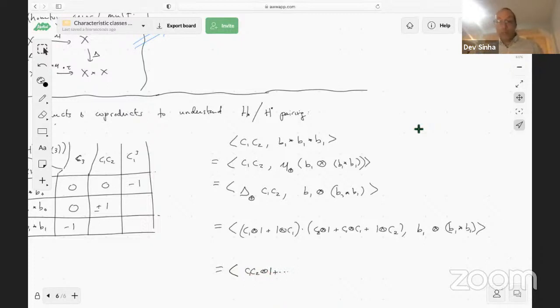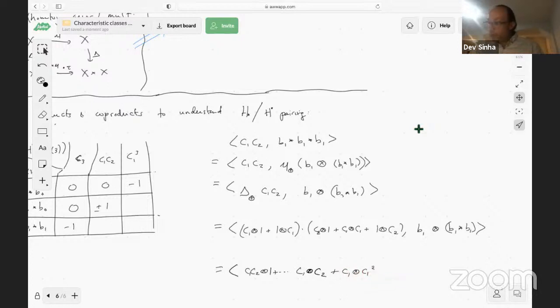So is 1, which is in degree 0, on B1 star B1. So we just have to pick out the things in the right degree, and those would be C1 tensor C2. We see that C1 tensor 1 times 1 tensor C2. But I also have a C1 tensor C1 squared.